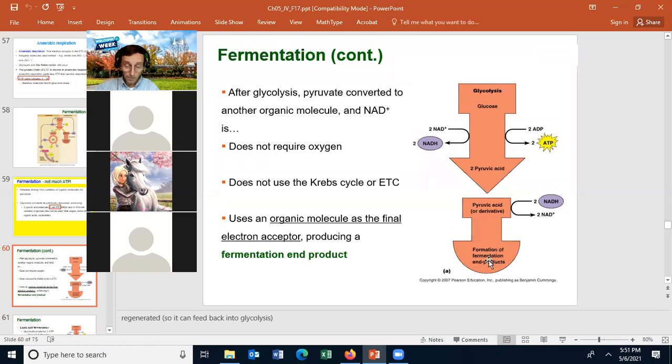And there are different fermentation reactions. We will talk about 2 of them and briefly discuss the others, but it's something like 5 or 6 fermentation reactions where you convert the pyruvic acid into the end product of the fermentation reaction.